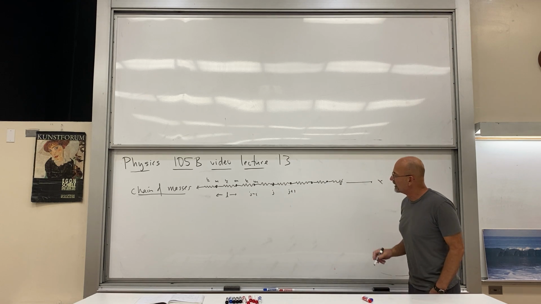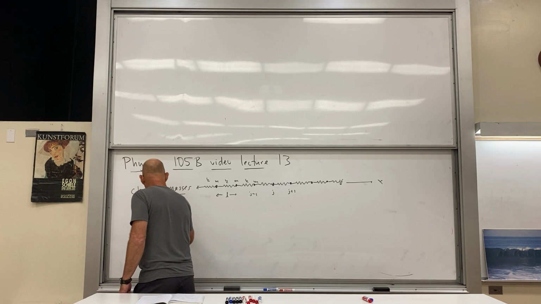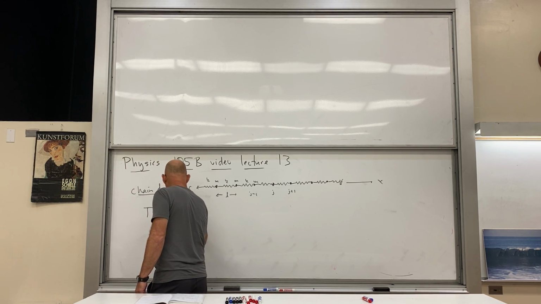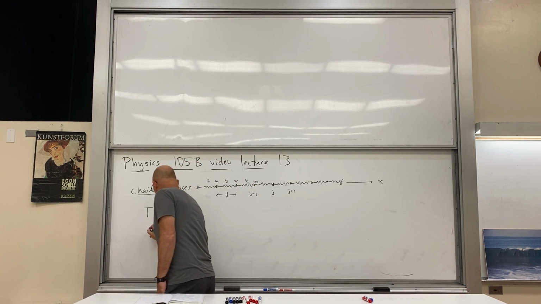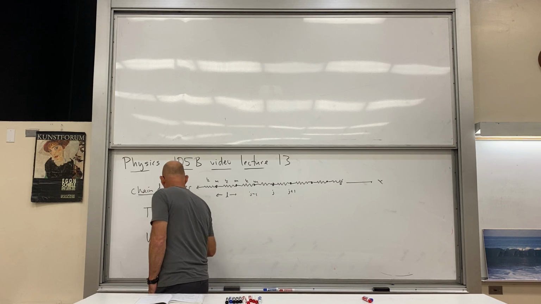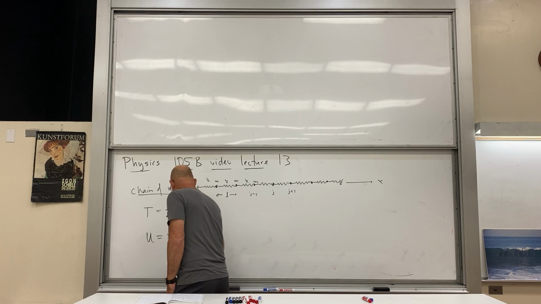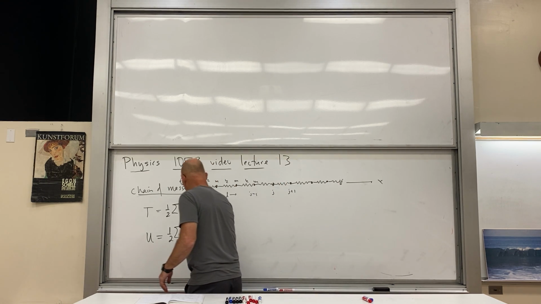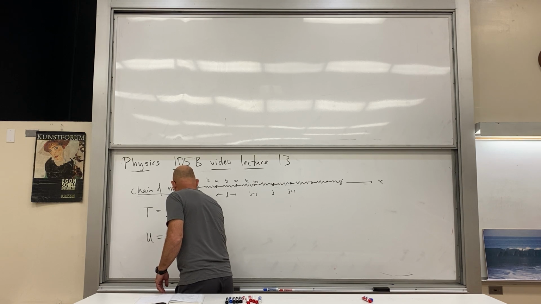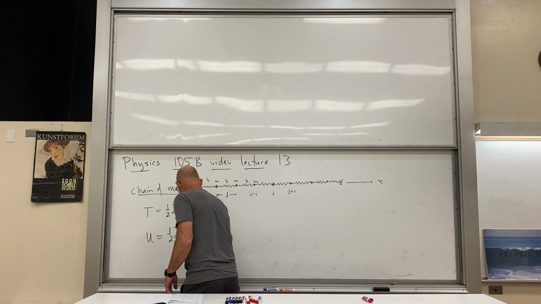That's enough. And now let's write down the kinetic energy. T is equal to, we had this last time, half m x_i dot squared. Potential energy is going to be, again, a sum of these half k delta x squareds. So we have k times x_{j+1} minus x_j, the quantity squared.